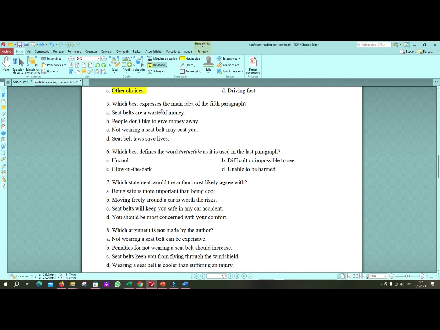Nice. What about number 5? Which best expresses the main idea of the 5th paragraph? A. Seatbelts are a waste of money. B. People don't like to give money away. C. Not wearing a seatbelt may cost you. Or D. Seatbelt laws save lives.